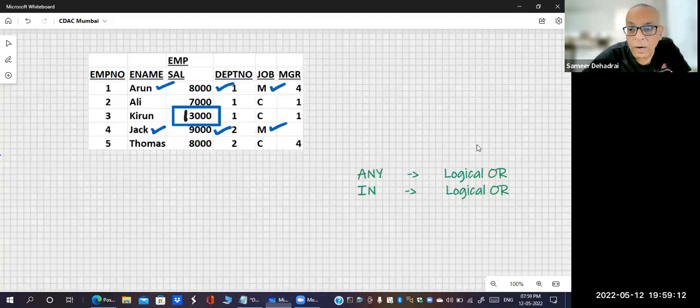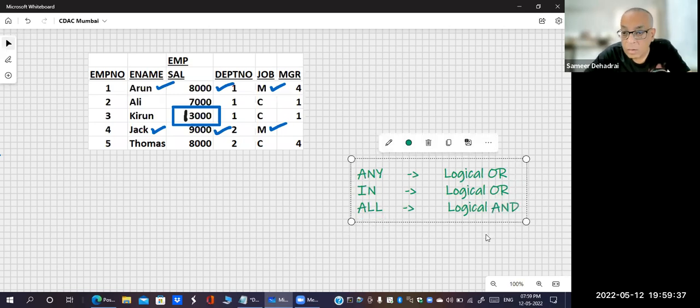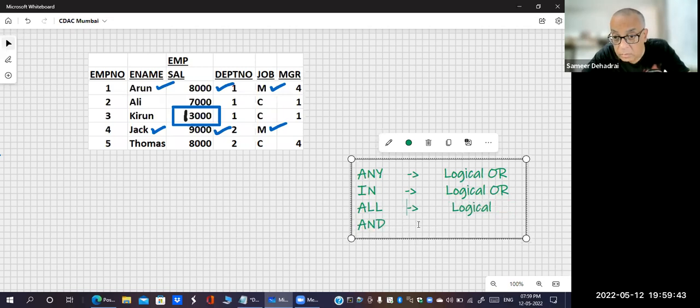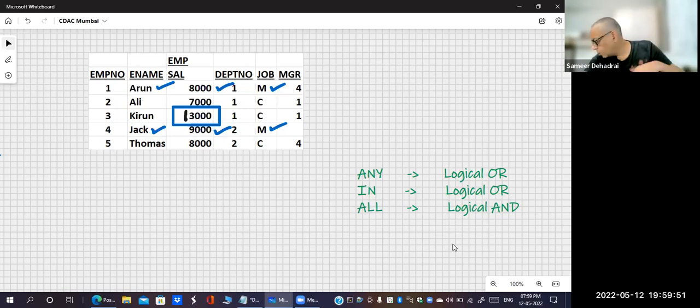All is a special operator. Please write this. All is a special operator. It will perform logical AND. Clear? First, you write this.